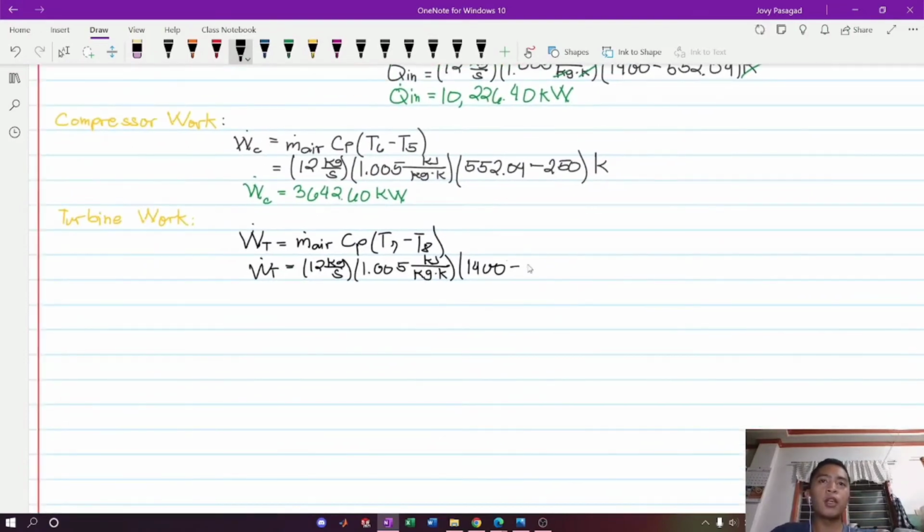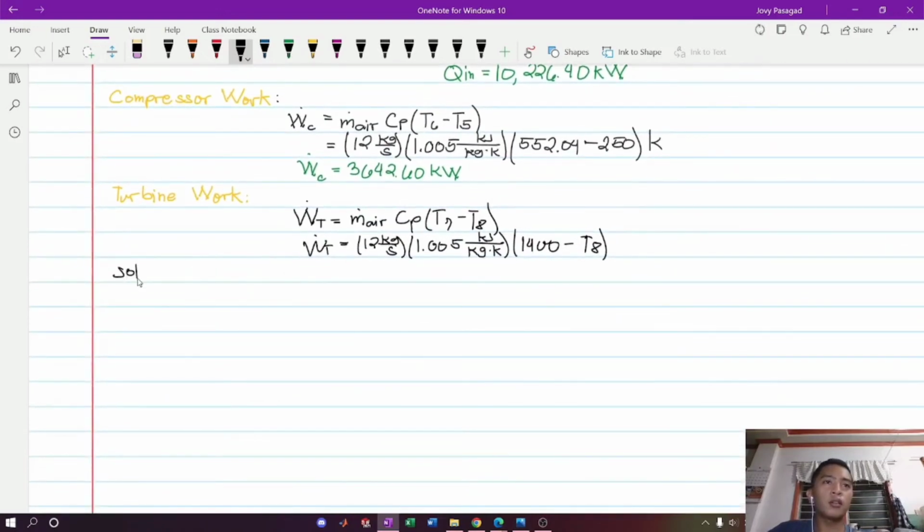Let us solve for T8. T7 over T8 is equal to P7 over P8 to the power of (k minus 1) over k.